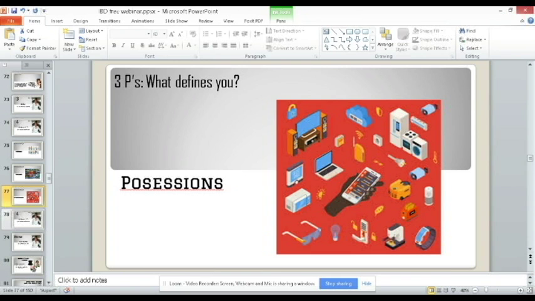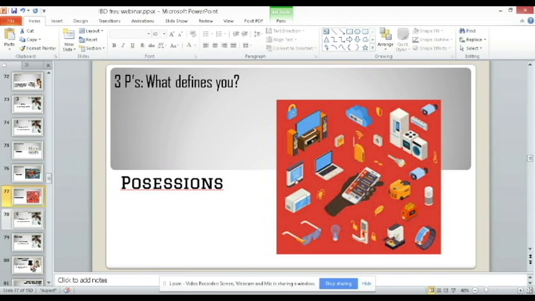And your possessions control you, because did you really need that new cell phone? Could you not have taken that $1,000 and invested it into your education? Could you not have taken that new outfit that you bought and invested it into yourself? Got you something that made long-term value in your life?